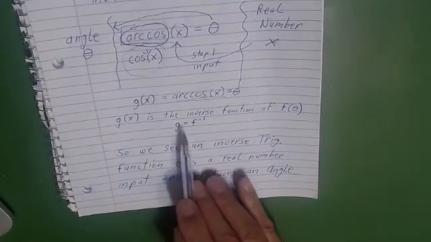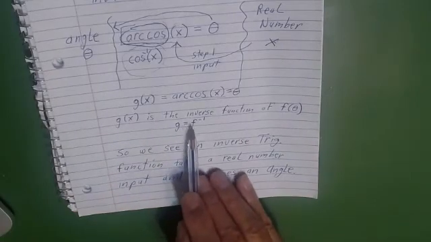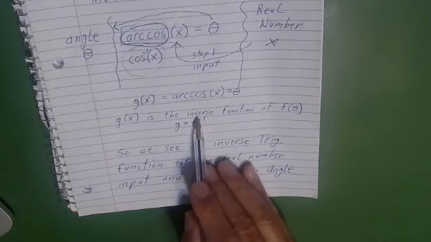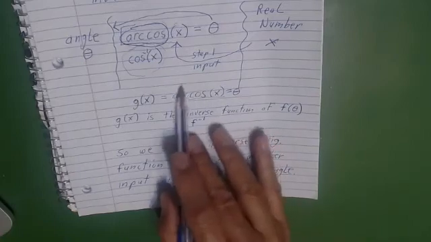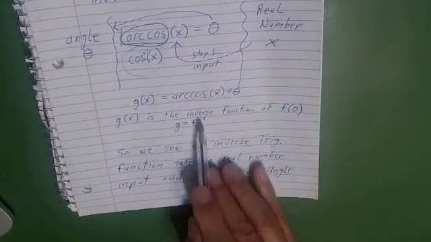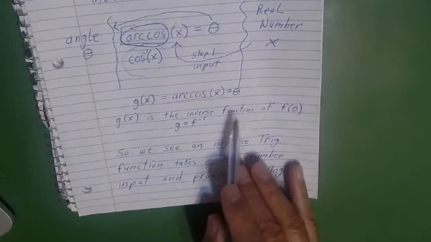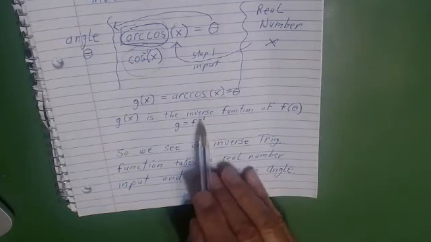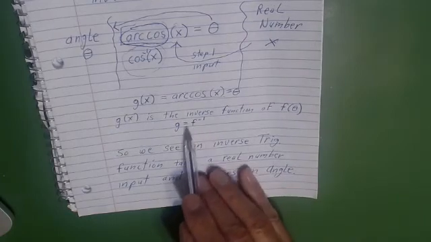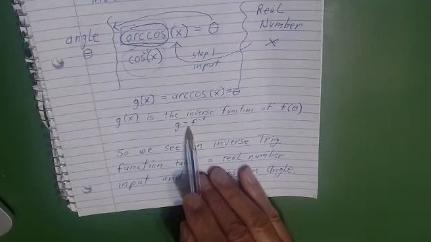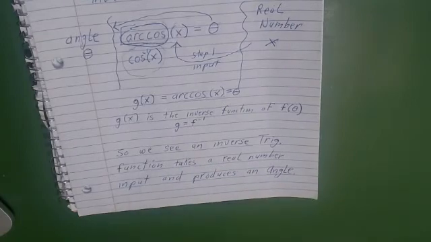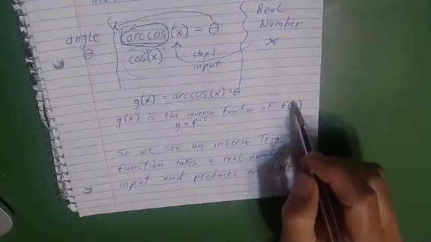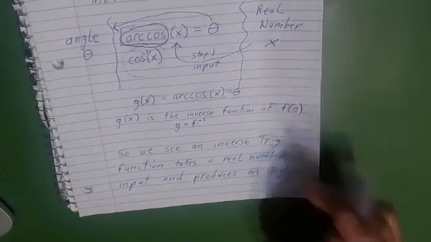So g is written equals f to the -1, which means f inverse. So g, arc cosine of x, is the inverse function, f to the -1 of f of theta, I should say theta here.